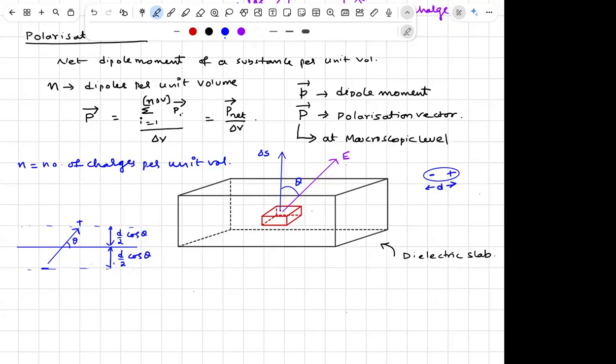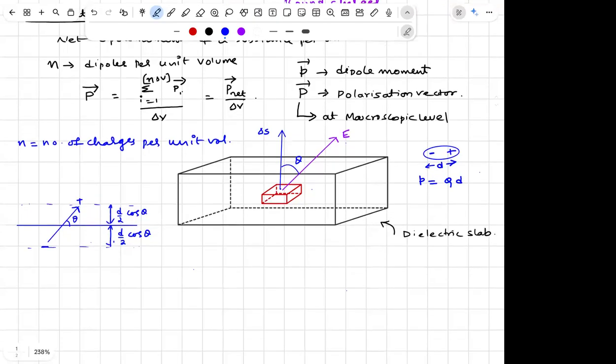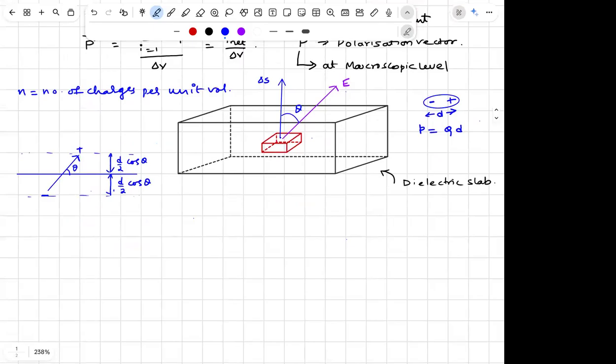Now, what is happening over here? The dipole moment for one molecule you can define simply as qd. Now, I am saying something which you please take very seriously.